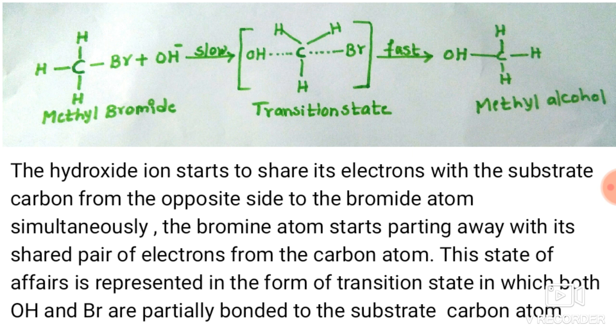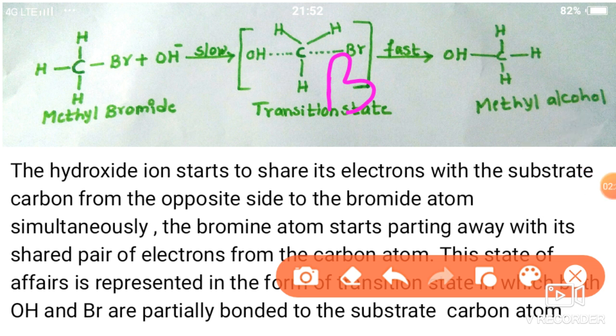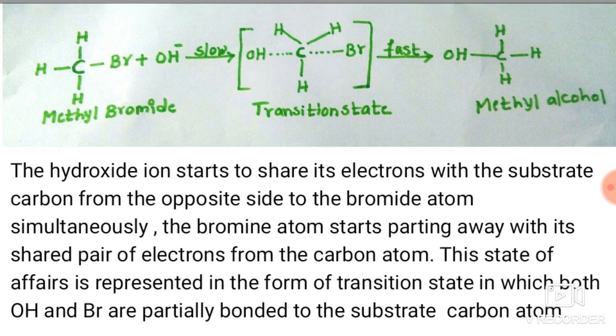This state is represented in the form of a transition state in which both hydroxy OH and bromine Br are partially bonded to the substrate carbon atom. Here partial bond breaking of the C-Br bond and partial bond making of the carbon-hydroxy bond mainly take place in this transition state.